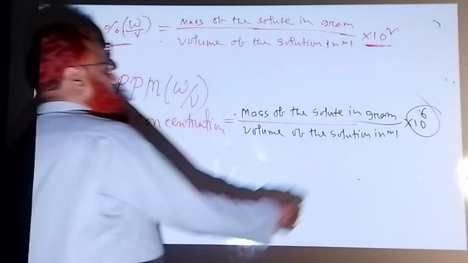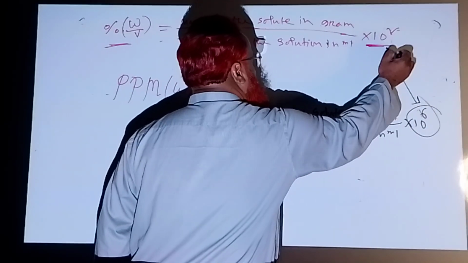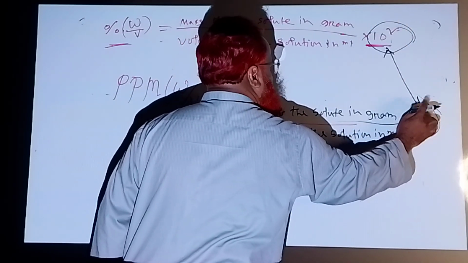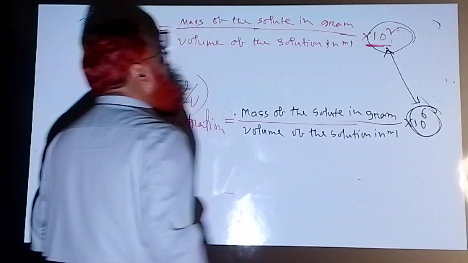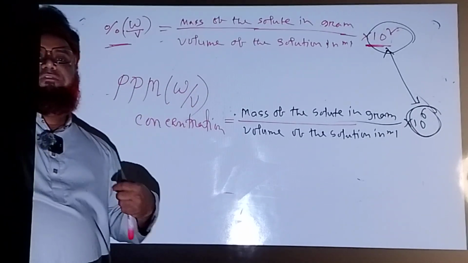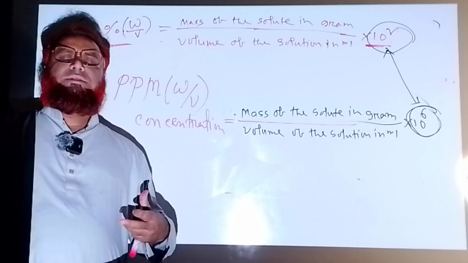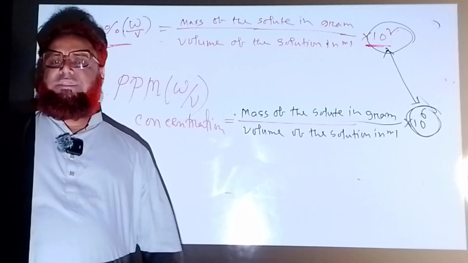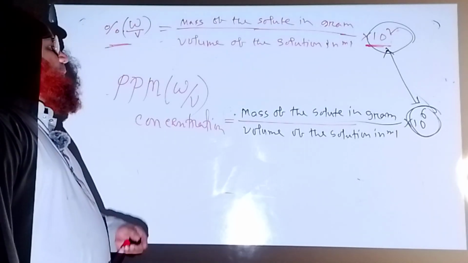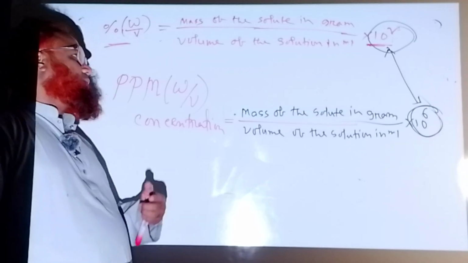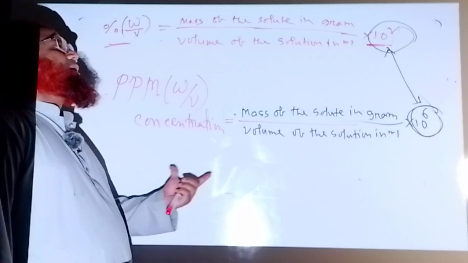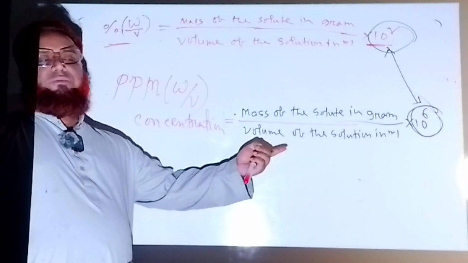I am trying to make you understand that the only difference is the multiplier factor, 100 here and 10 to the power 6 there, and nothing else differs between these two types of concentration. So don't be worried about that. When it is ppm concentration, the multiplier factor is 10 to the power 6.